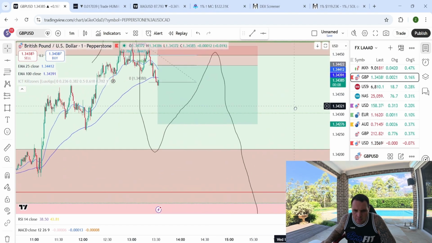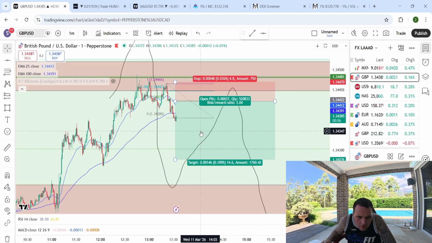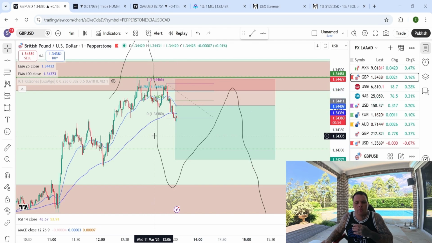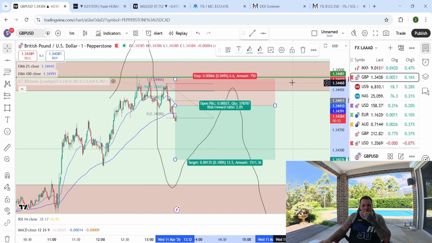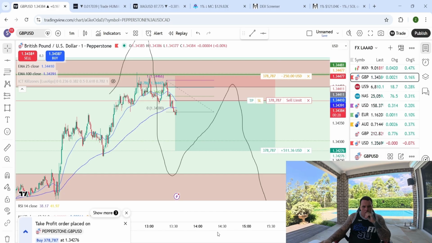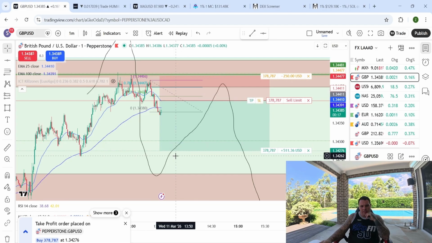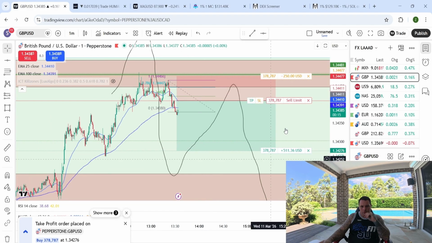So that is the move that we're going to go for. 2-1. Alright, so that's our entry and this is our exit. See how this plays out.